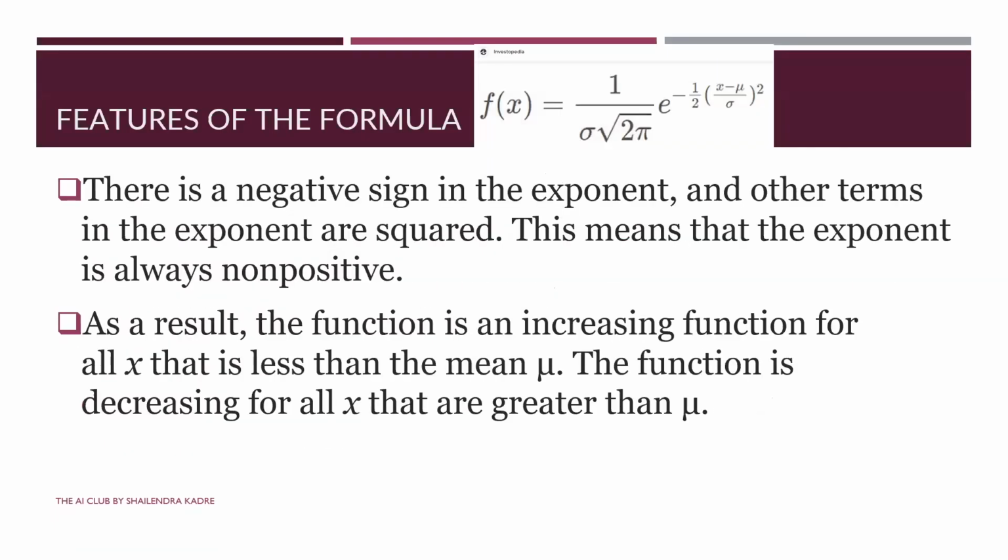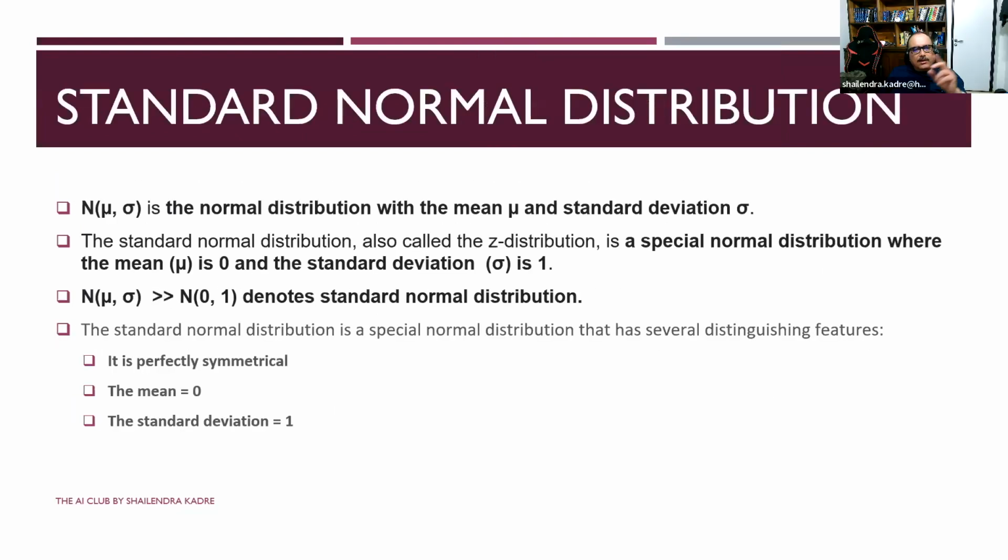Now I am defining a new concept here. If my mu is 0, meaning the mean is 0, and the standard deviation sigma is 1, then I call it a standard normal distribution. Is it understood? Yes, sir. Previously, I was talking about normal distribution. Now I am talking about standard normal distribution. So both are different.